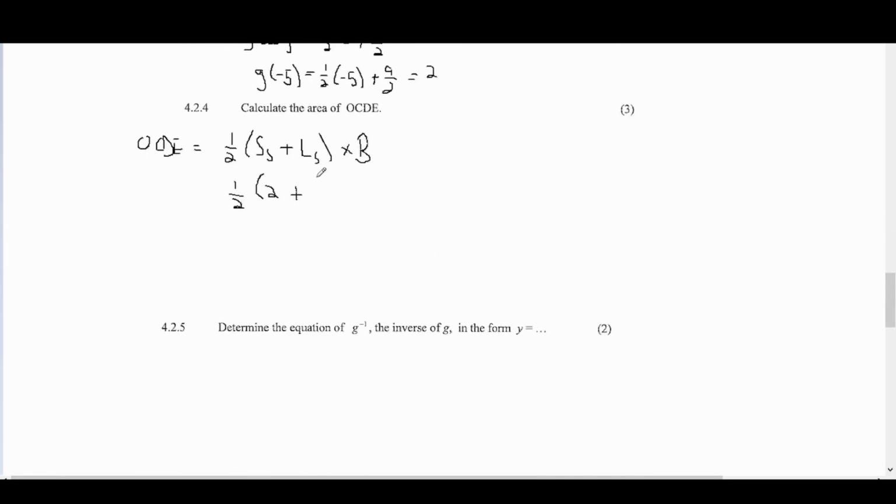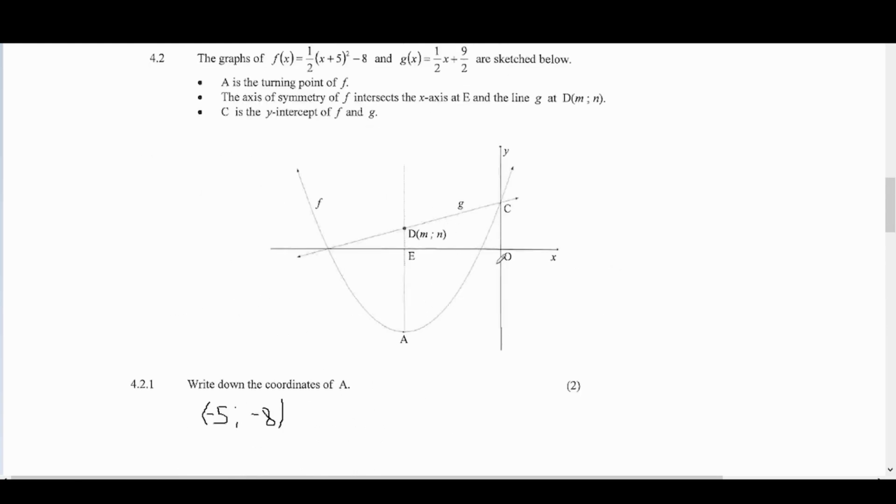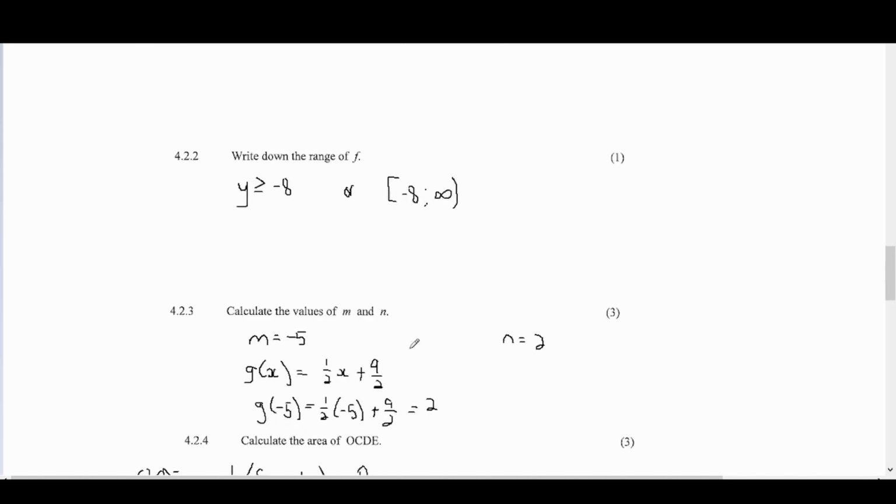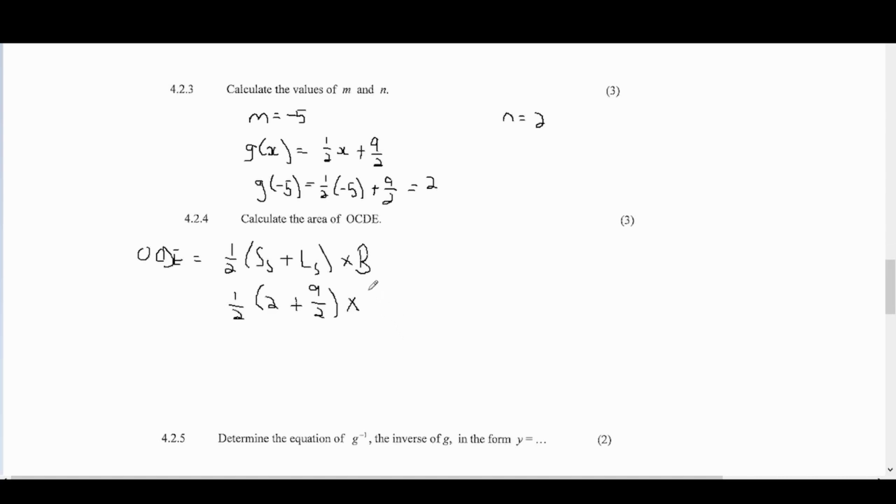So we can put our long side as 9 divided by 2, and then we multiply this by the length of our base, and the length of our base is from the origin to the point E. Point E is, of course, -5, because that is our x value at both the turning point and point D. So -5 is just 5 units, because remember it's not negative, just 5 units. It's a distance. You don't get negative distance, you just have it in another direction.